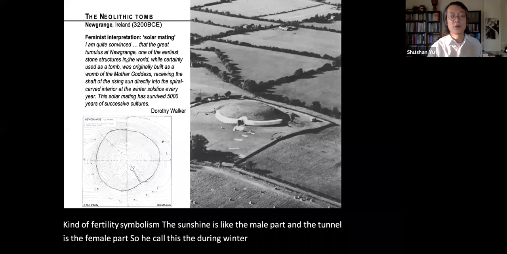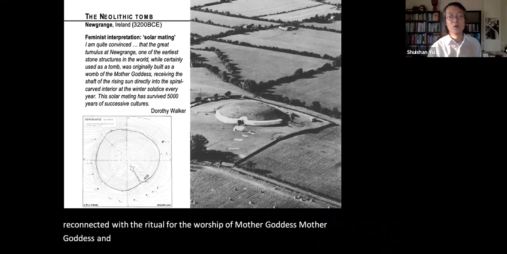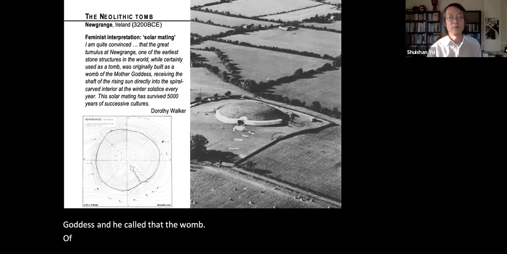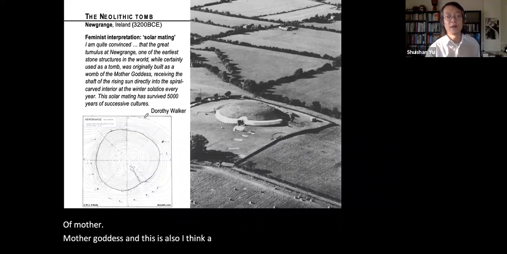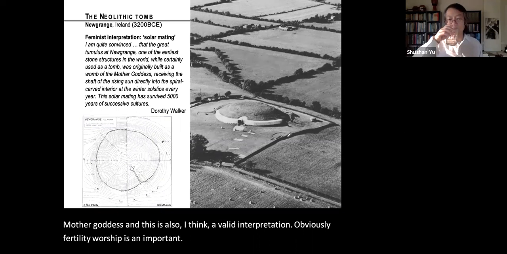It is connected with the ritual for the worship of the Mother Goddess, and he called that the womb of the Mother Goddess. And this is also, I think, a valid interpretation. Obviously, fertility worship is significant for early human society as well.